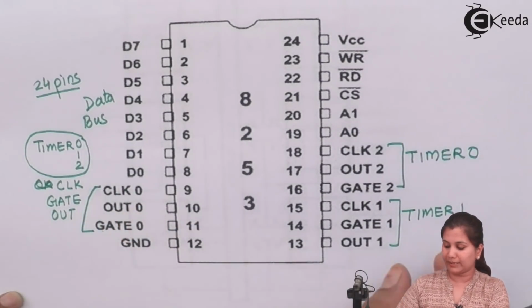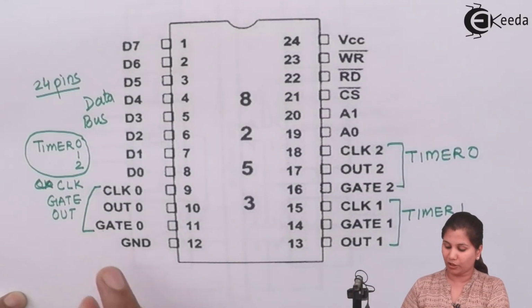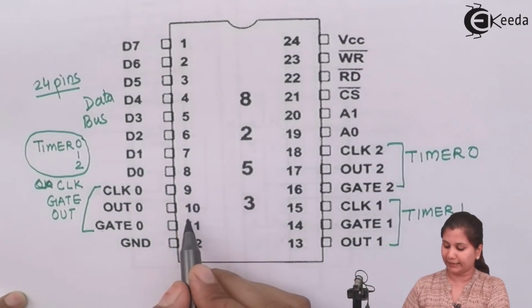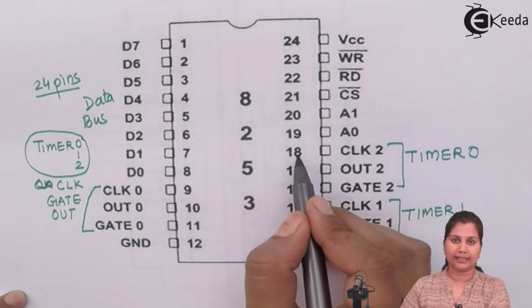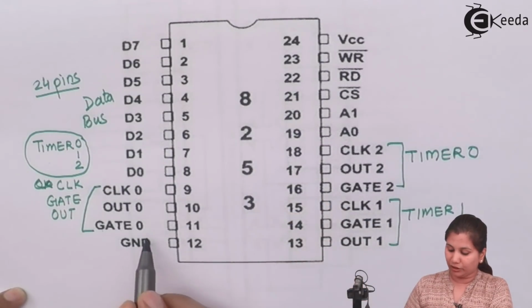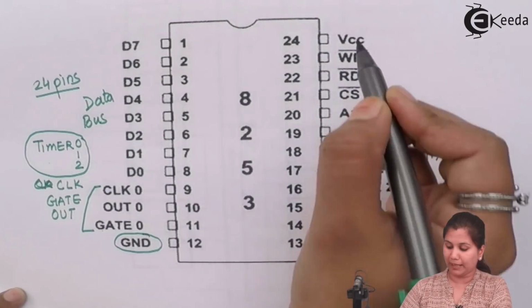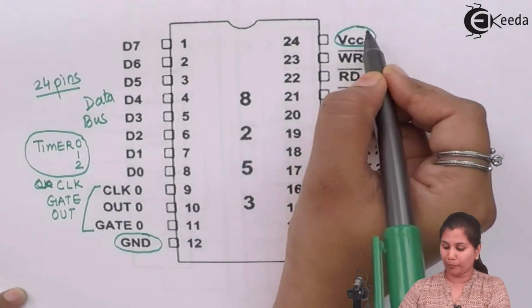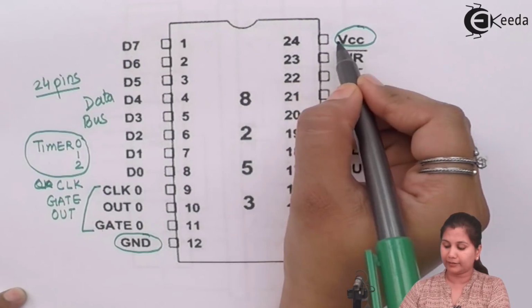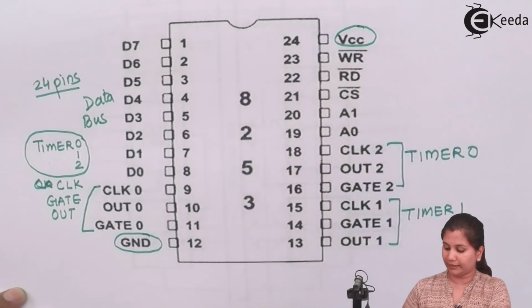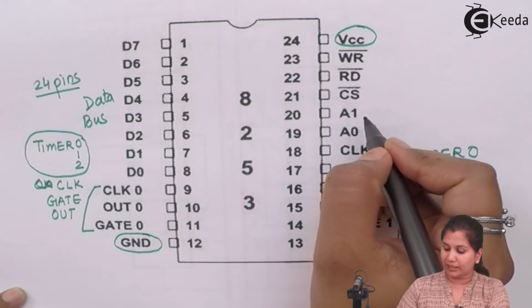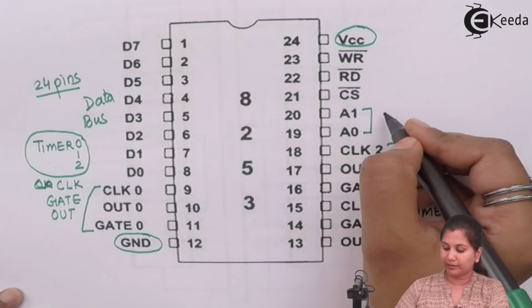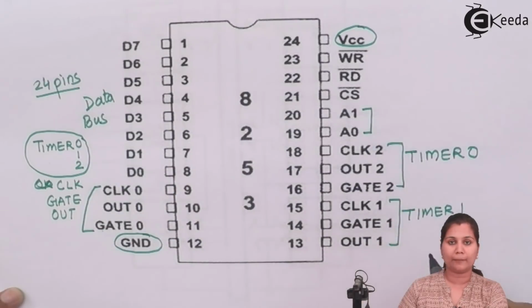So the 3 timers will have the 3 signals which are occupying the pins 9, 10, 11, 13, 14, 15 and 16, 17 and 18. Then we have the ground and the power supply pins. The power supply pin is at pin 24, that is positive, and ground is connected at the 12th pin. Then we have A1 and A0. These are the timer selection bits.